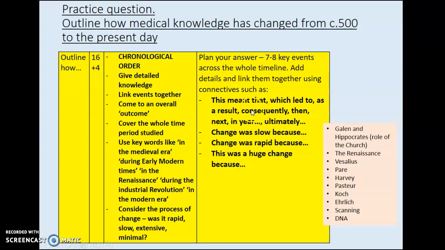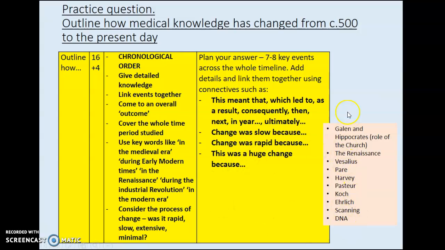You need to use connectives like this meant that, which led to, as a result, consequently, in year, ultimately. You also need to make sure you're showing how change happened. Was it slow in certain periods, perhaps the medieval period? Was it rapid? Why was there particular change in, for example, the Renaissance as compared to the medieval period?